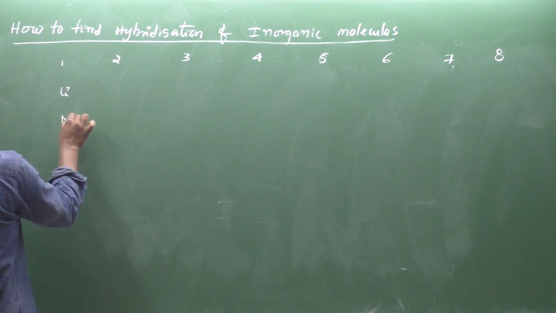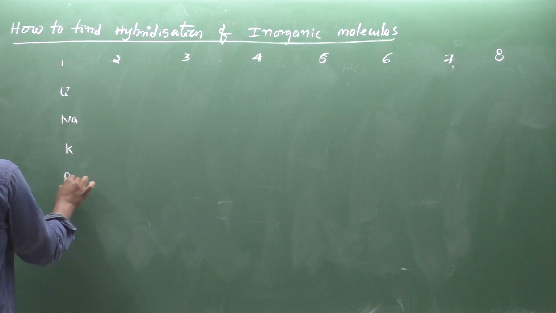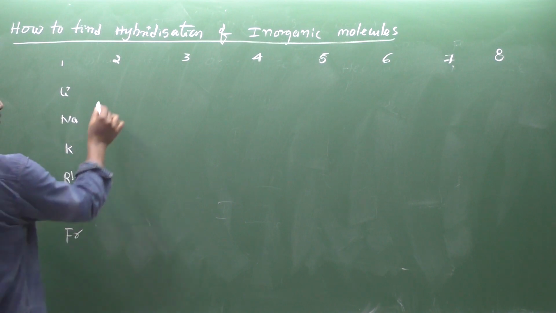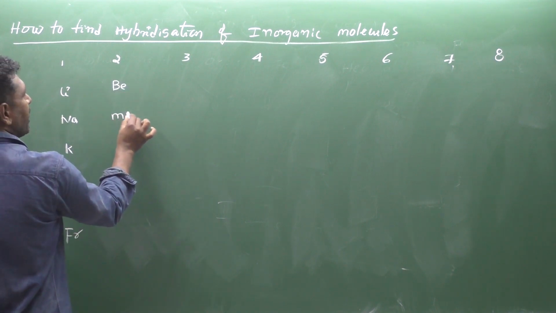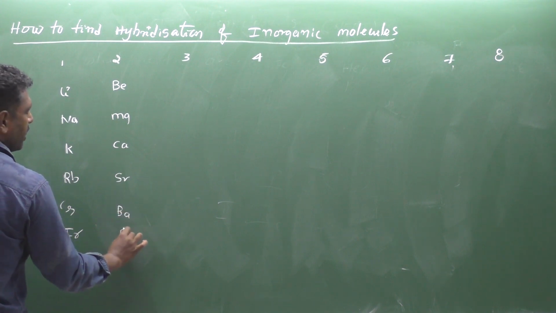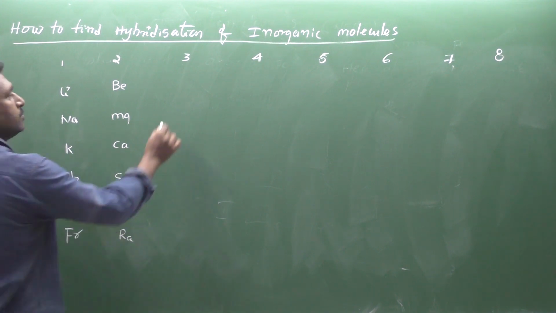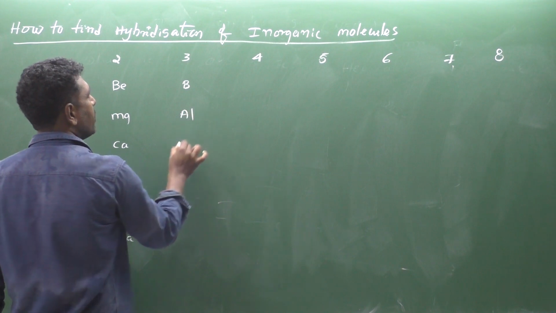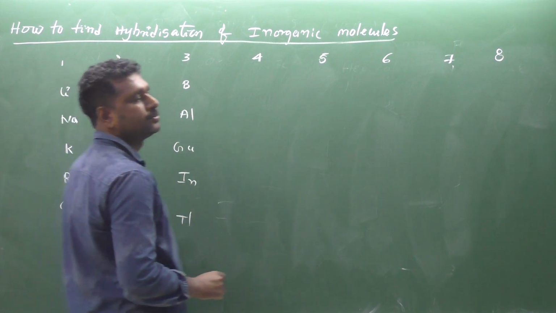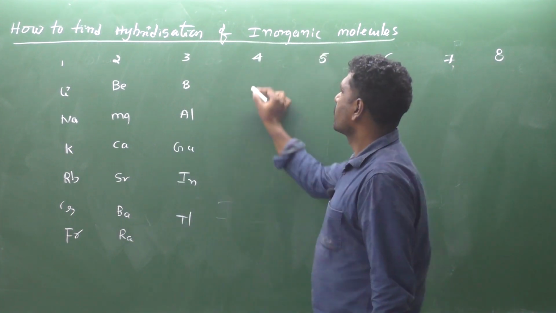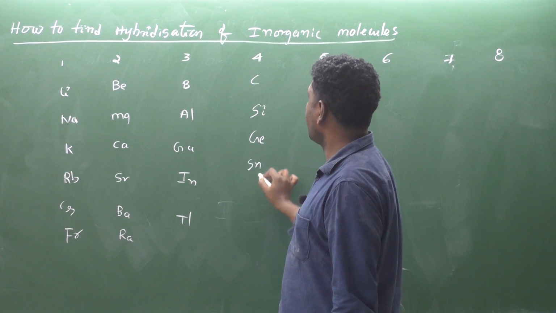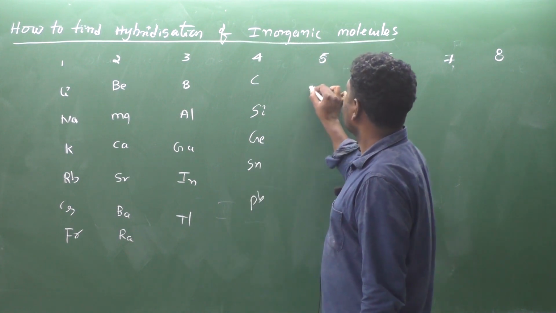So lithium, sodium, potassium, rubidium, cesium, francium; beryllium, magnesium, calcium, strontium, barium, radium; boron, aluminium, gallium, indium, thallium. Fourth A group: carbon, silicon, germanium, tin, lead.